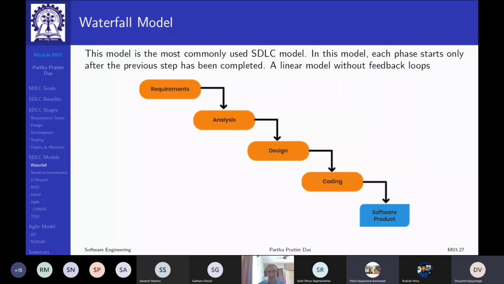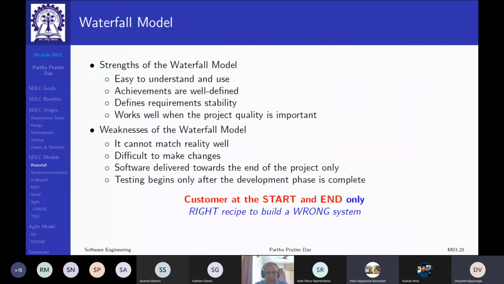It's a linear model without any feedback, and the customer engagement is only at the beginning of the SDLC, when you are acquiring requirements, and then only at the end when you are ready to deploy. So it has naturally a lot of potential to go wrong.